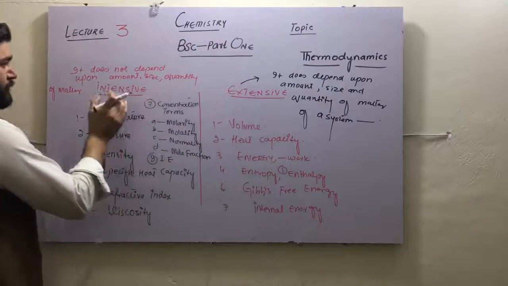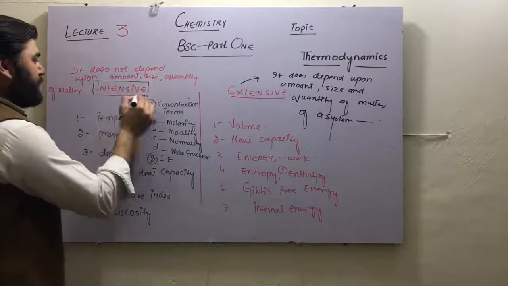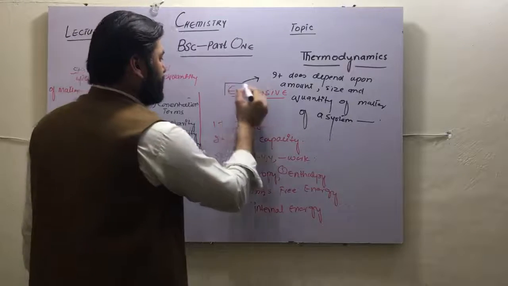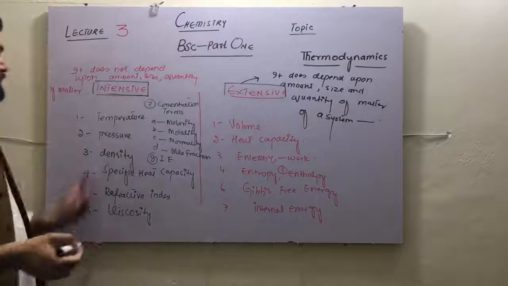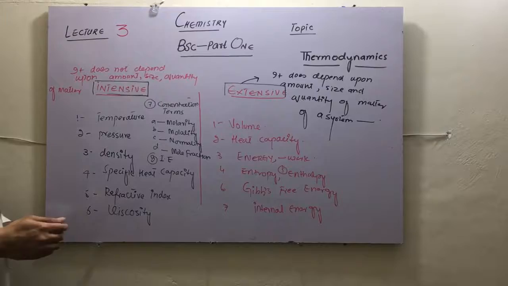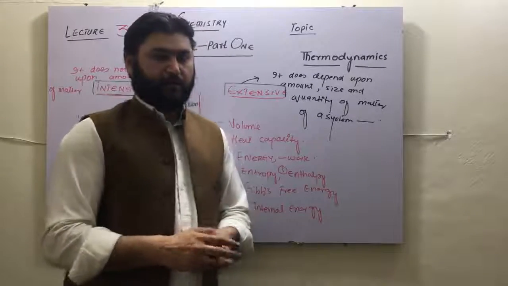Intensive properties are totally independent, and extensive properties are totally dependent upon these three things: size, quantity, and amount of matter. Intensive properties do not depend upon the size, quantity, and amount of substance present in a system.